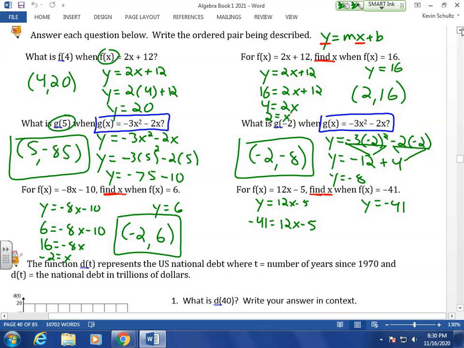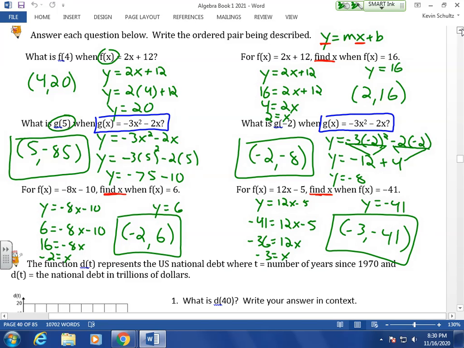Another two-step equation, solving for x to get the result we want. Add a 5 to both sides. Negative 36 equals 12x. Divide both sides by 12. And x equals negative 3. So negative 3 is the input needed to get a function value, or an output, of negative 41.